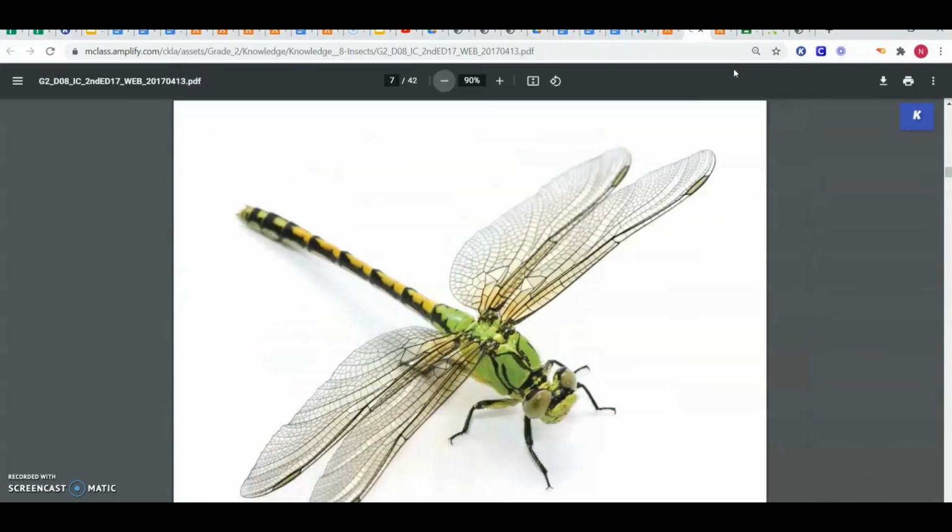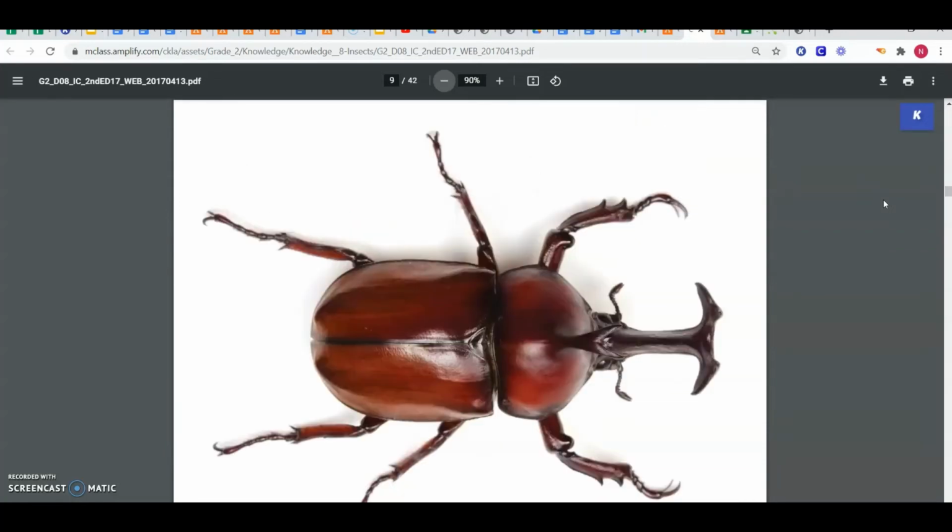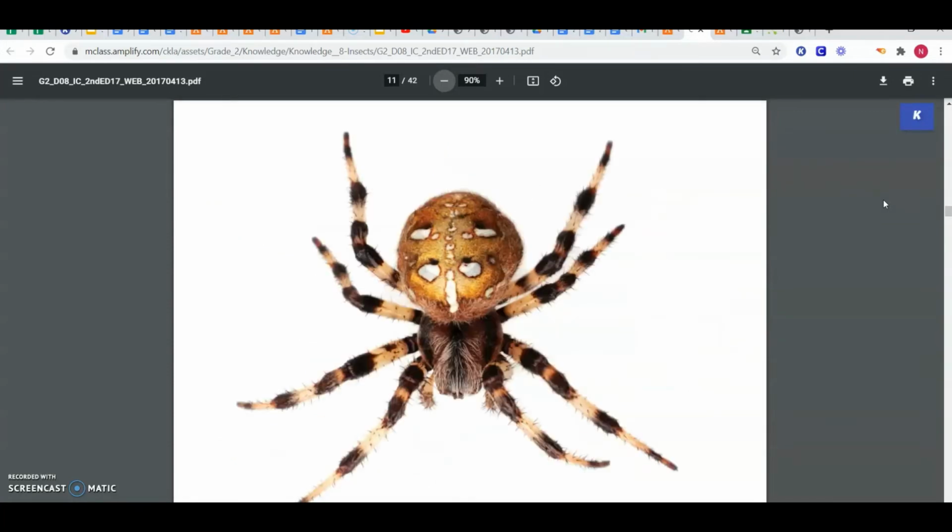All right, look at these. Let me scroll down a little bit so we can see his wings. Take a minute to look at this dragonfly, this beetle, and this spider.